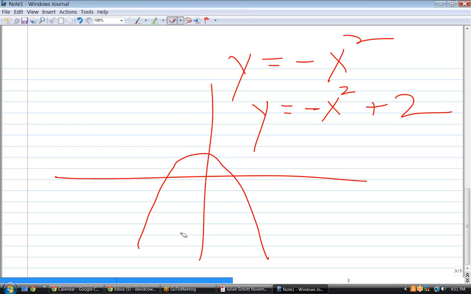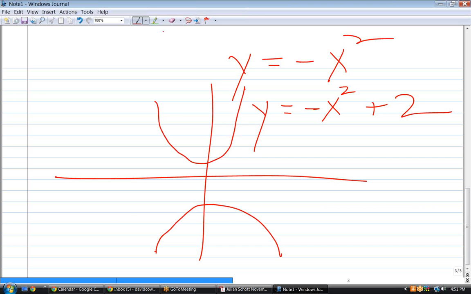If I do the vertical shift first and then the reflection, well, the vertical shift would move it up to there, and then when I do the reflection, it's down to there, so I have a totally different answer. So when you're dealing with functions, you always do your reflections first. It makes a difference.